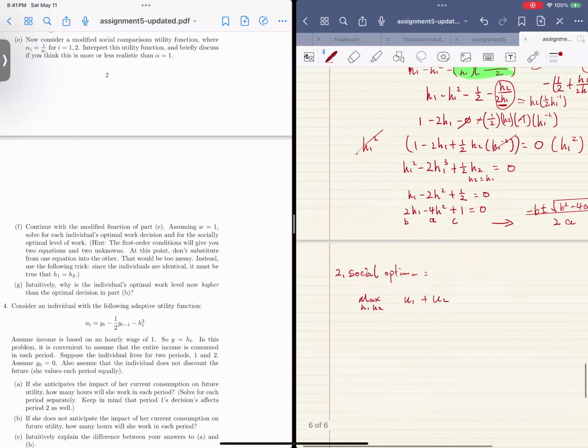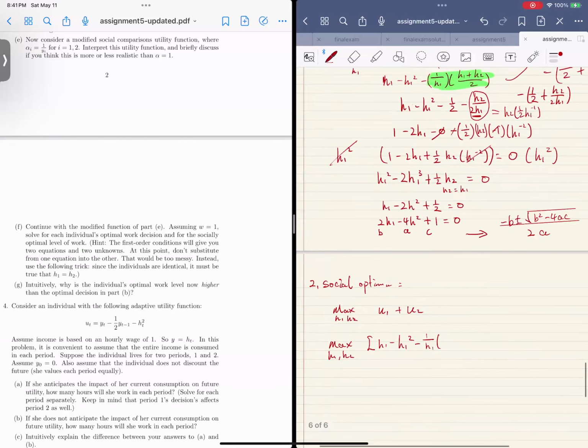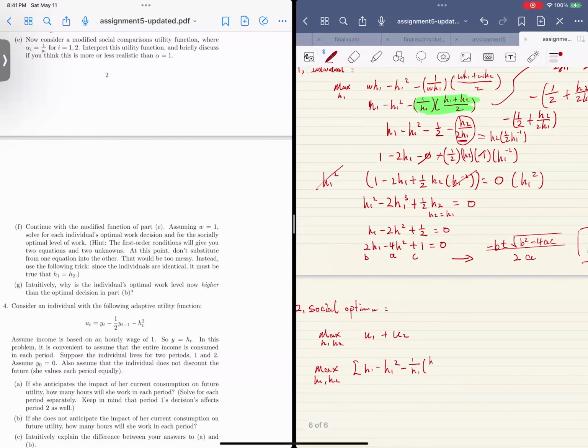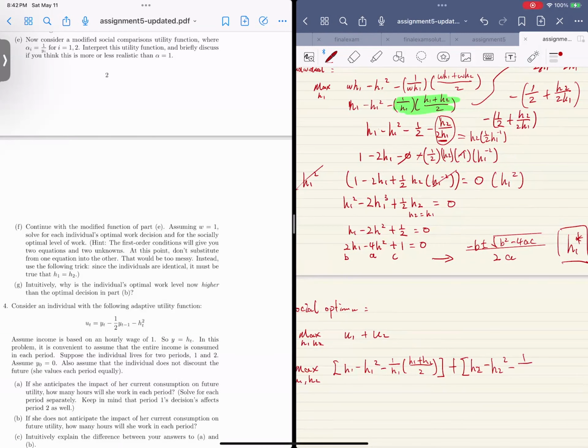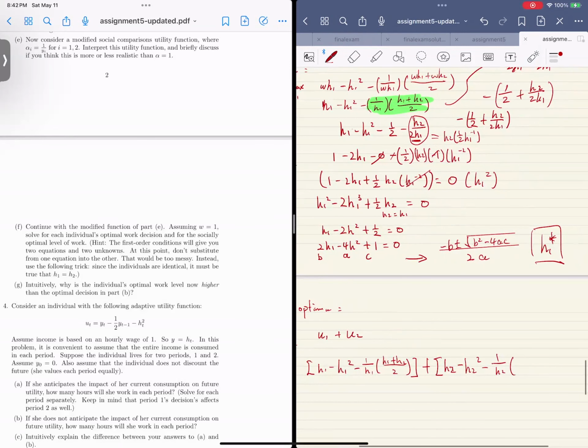In this case, it would be the max over h1, h2 of h1 minus h1 squared minus 1 over h1 times h1 plus h2 over 2, plus h2 minus h2 squared minus 1 over h2 times h1 plus h2 over 2.